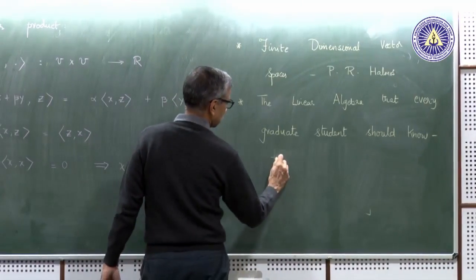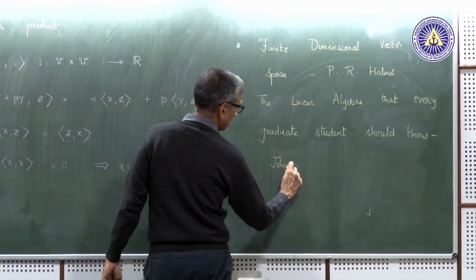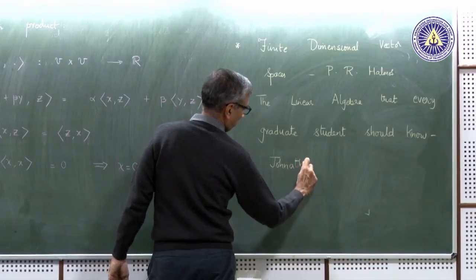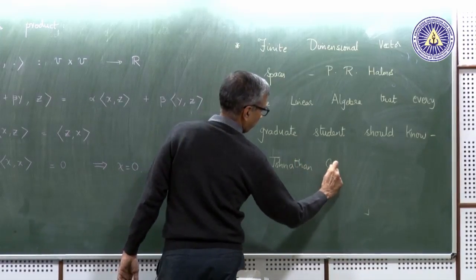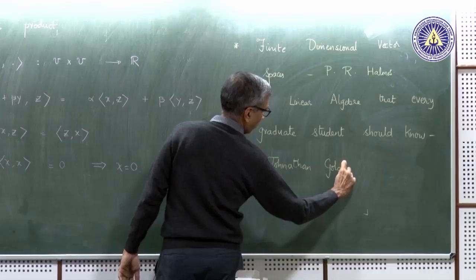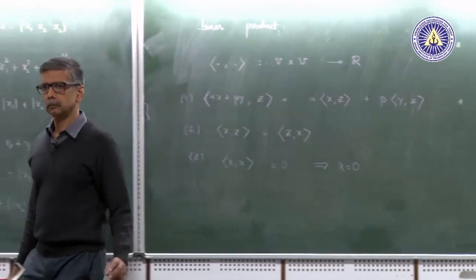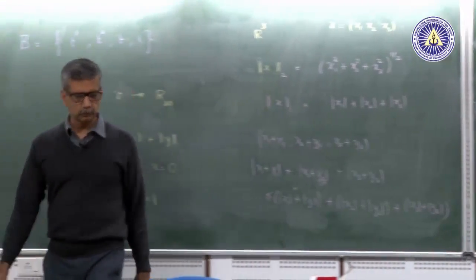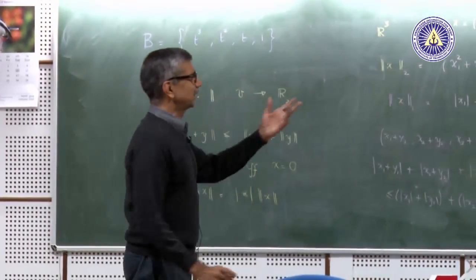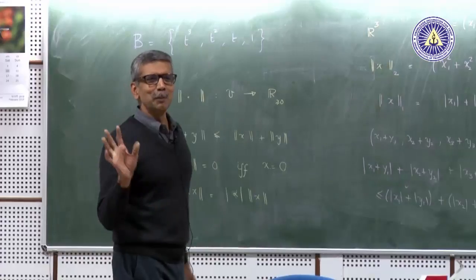It is by Jonathan Golan. At the end of each chapter, he has a minimum of 50 problems.